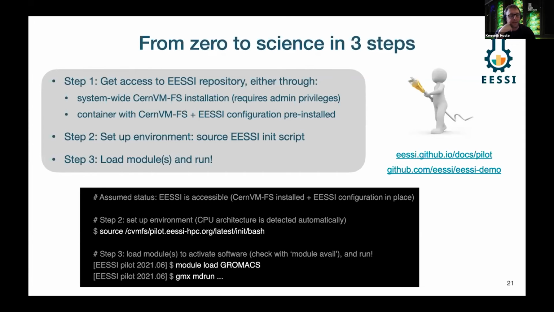Or if you don't have any admin rights, like for example on an HPC cluster, then you can use our small client container, which includes CVMFS itself, and that's good enough to get access to EASY. The second step is setting up your environment. You just source a script, which does some auto detection of what type of CPU architecture you're on, and then you're good to go. You can start loading modules for the software you want to use and start using that software. So it's very difficult to make this any easier than this.